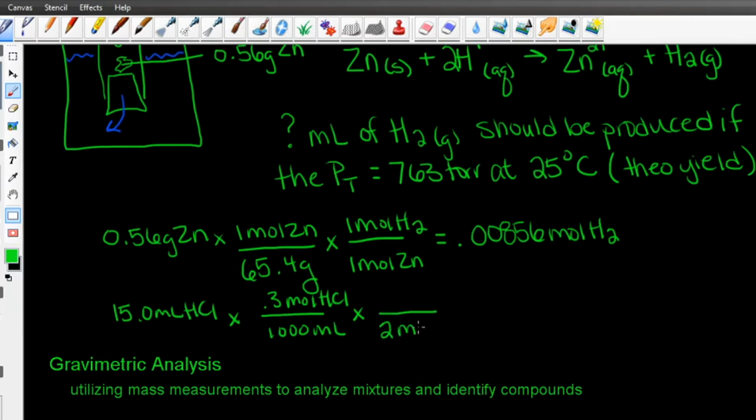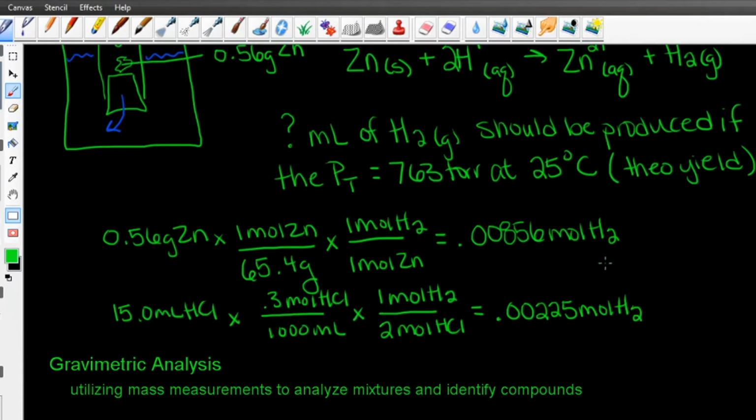The balanced chemical equation tells me I need 2 moles of HCl for every 1 mole of H2 produced. So 15 times 0.3 divided by 2,000 is 0.00225 moles of H2.